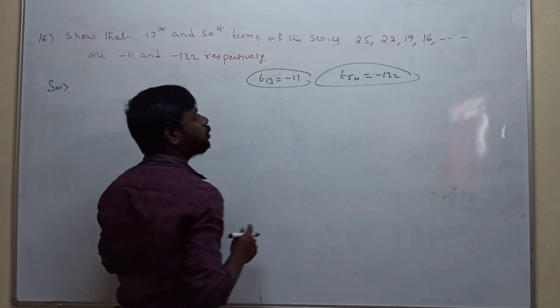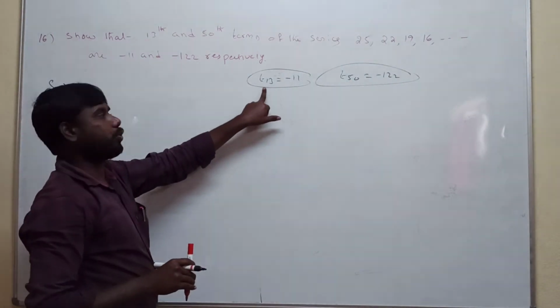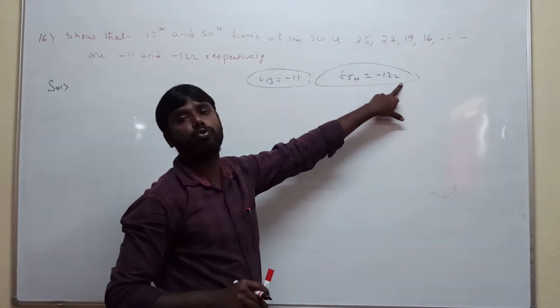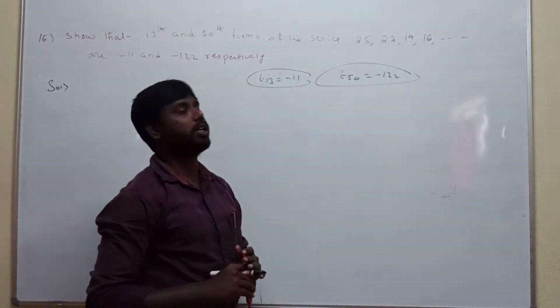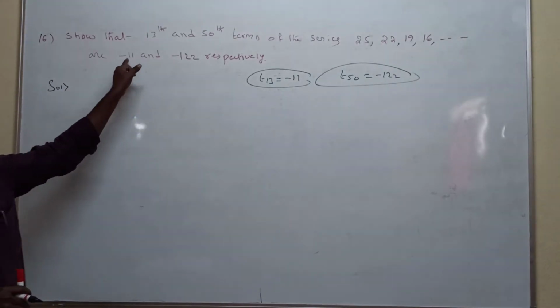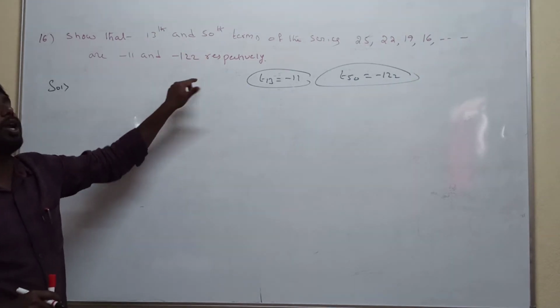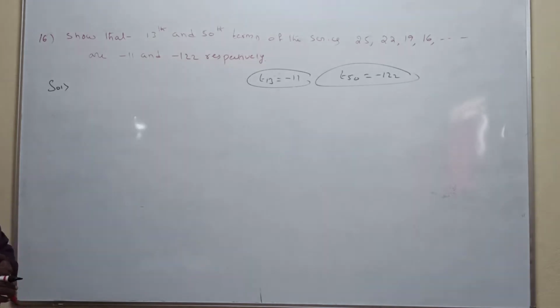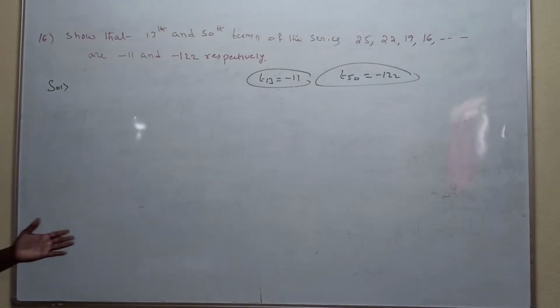They have already given the sequence. So you can easily identify the first term and the common difference, and after that apply the nth term formula of the arithmetic progression.